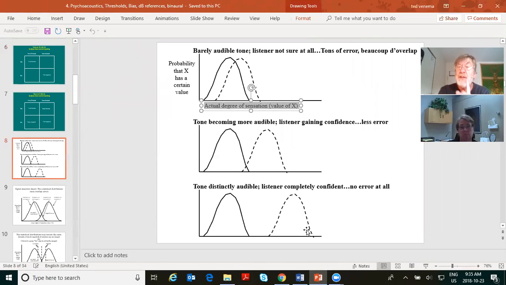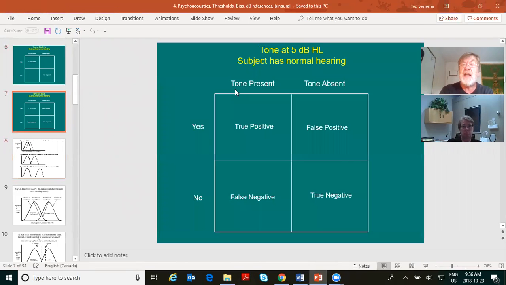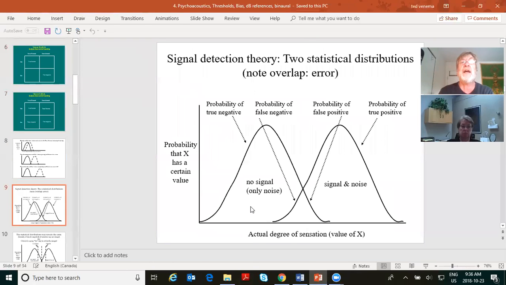But when the sound gets soft, you have a lesser degree of sensation, and sometimes you're making mistakes. Look at the crossover. When the tone is really soft, look at the amount of crossover here. That's what I mean. This area where my cursor is drawing, that's the area of false positives and false negatives, because you're not sure. Okay, that's all that is.